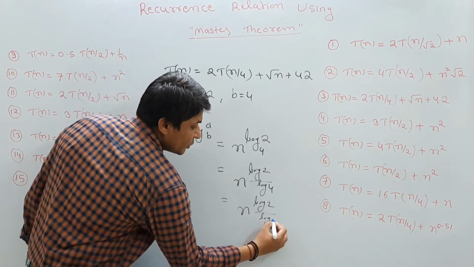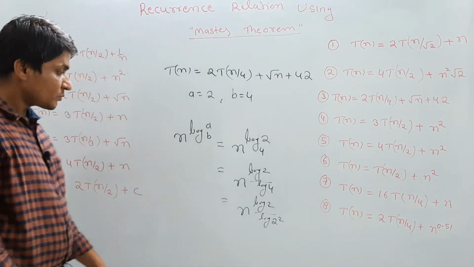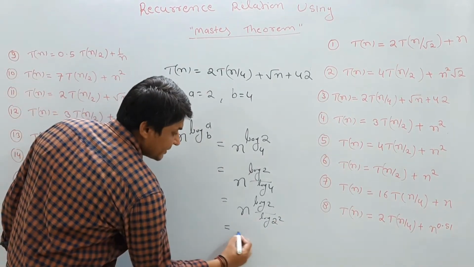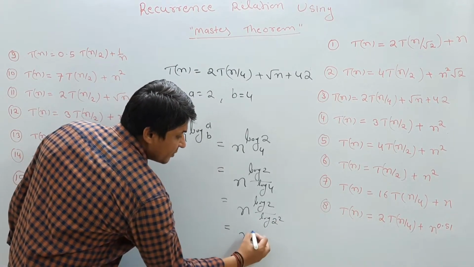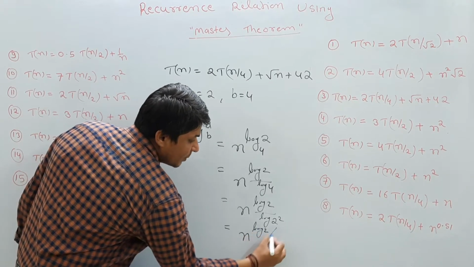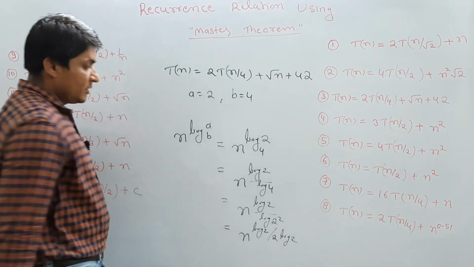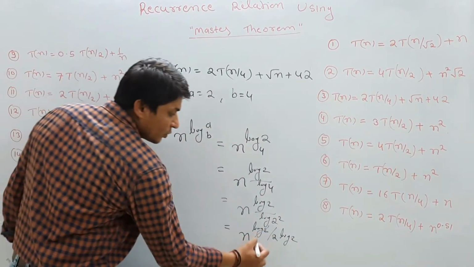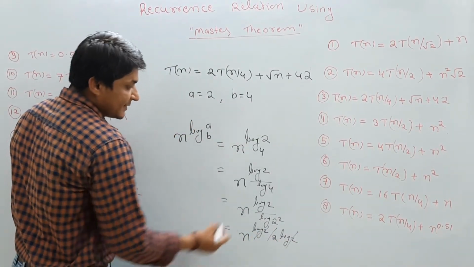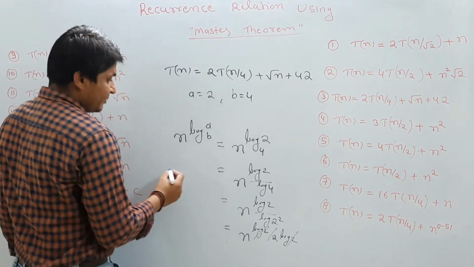Let me write 4 as 2 raised to power 2. Now if you further simplify, it is going to be n raised to power log 2 upon 2 log 2. This 2 will come to this side. So log 2 cancels. So ultimately it is nothing but, let me write here.